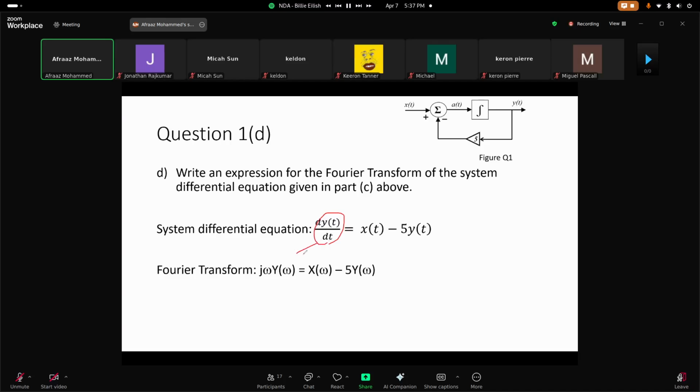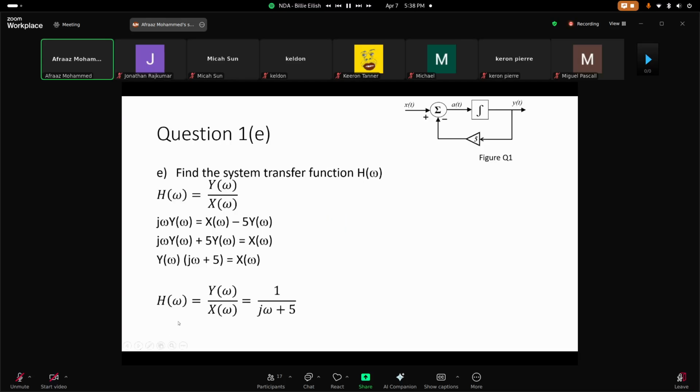That's how you get the full Fourier transform using the sheets. I just wanted to show you how the formula sheets are used to do the transformation. I know we've had quite a bit of practice on it, so for this particular transformation you may not have to look at the sheet, but just in case, that is how you translate from the system differential equation in the time domain to the Fourier domain. All right, that is that.